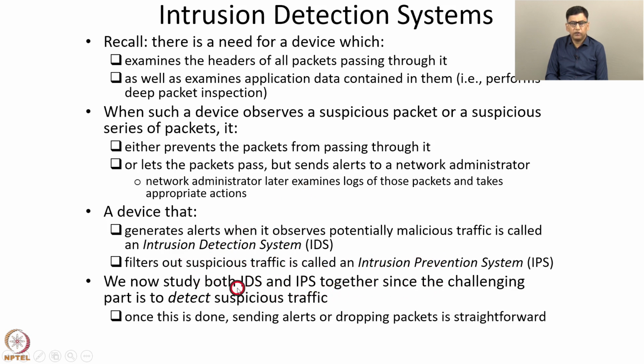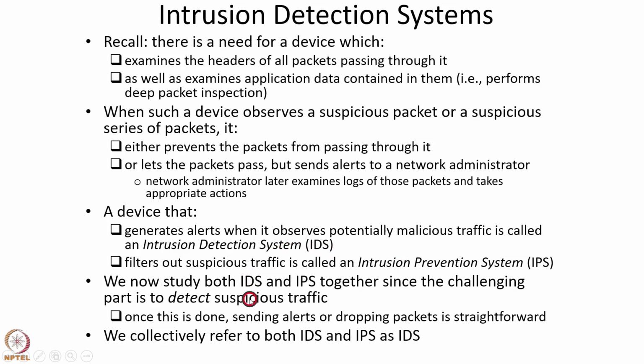So, in both these kinds of devices, the challenging part is to detect malicious traffic. Once this detection has been done, if it is an IDS, then it will generate alerts, and if it is an IPS, then it will filter out suspicious traffic. So, we collectively refer to IDS as well as IPS as IDS, intrusion detection systems.